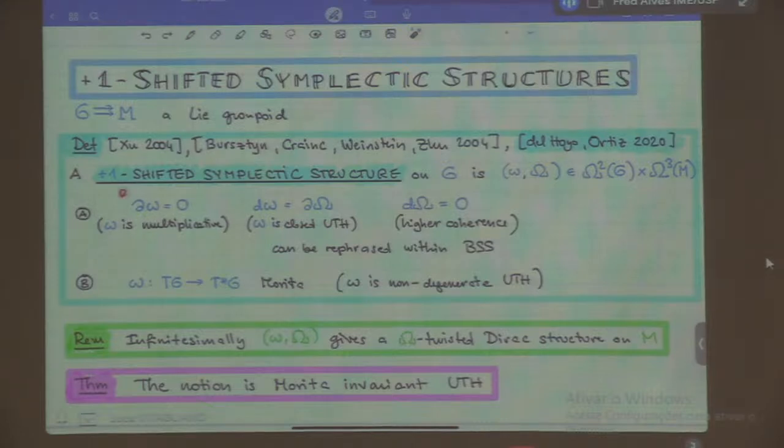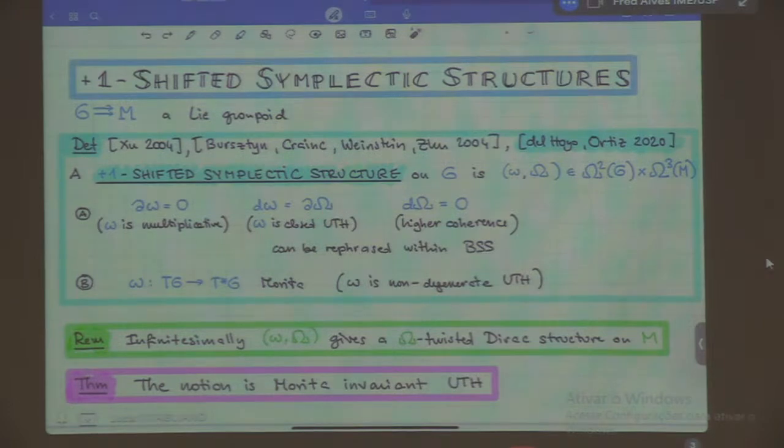The first condition is that omega is non-degenerate. For the second condition, we do not ask omega to be closed, but only to be closed up to a homotopy, which is encoded by the 3-form.